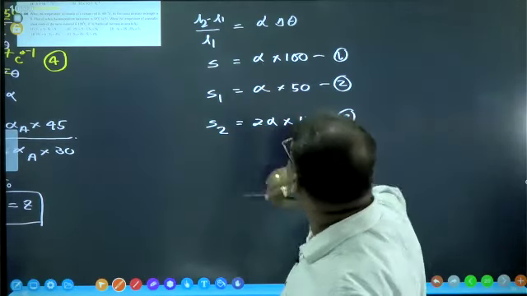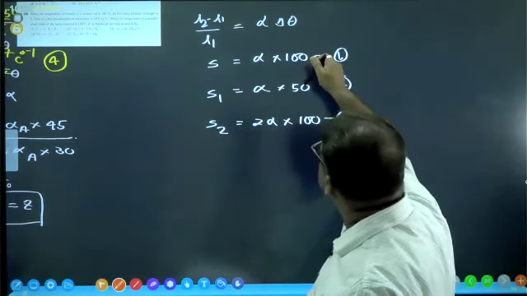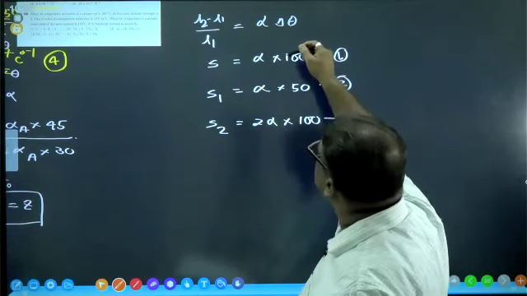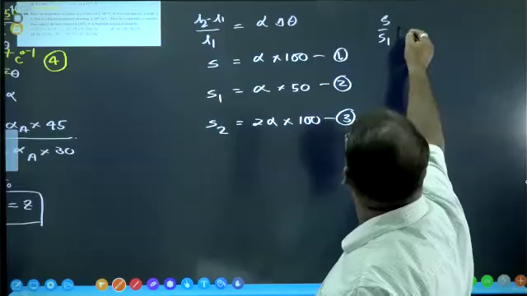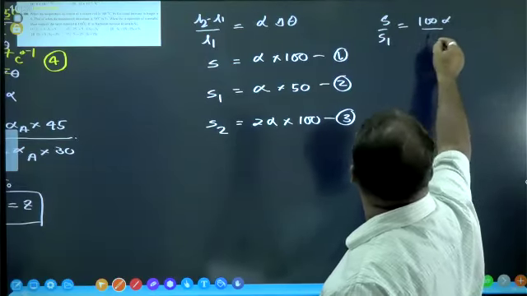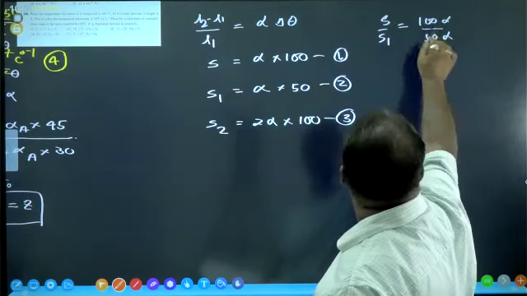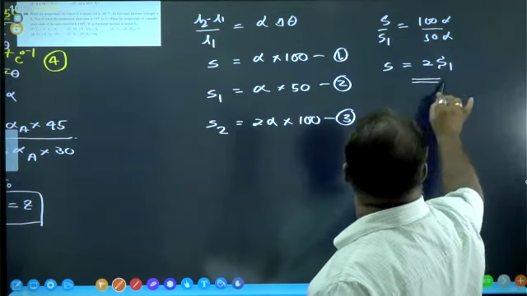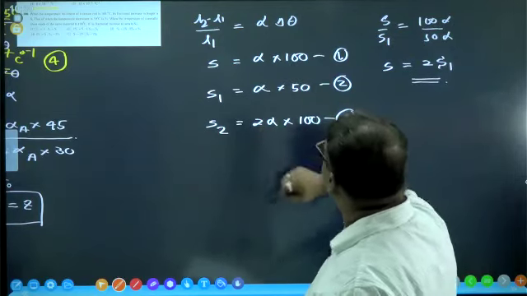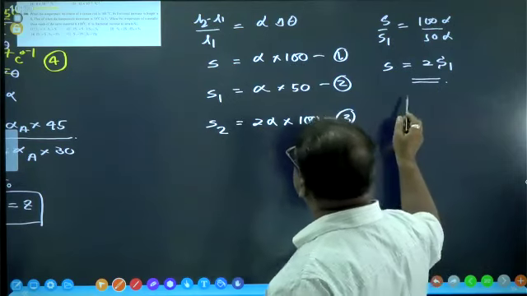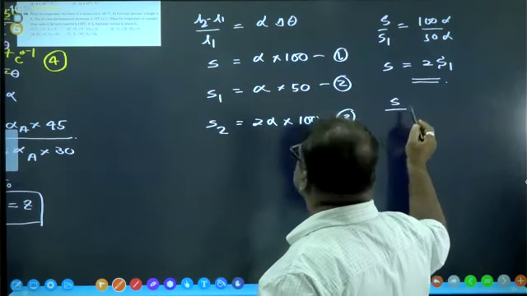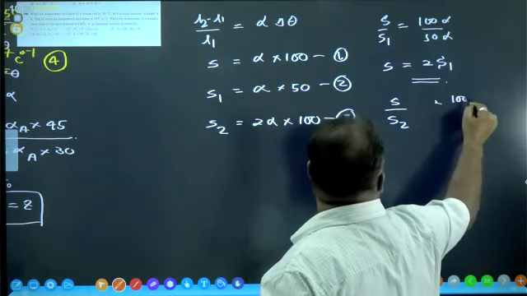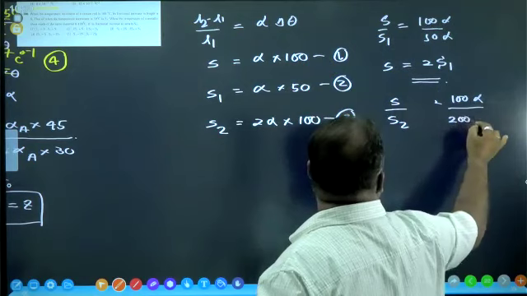Then considering the first and second, here this one is 50 alpha, here 100 alpha. S over S1 equals 100 alpha over 50 alpha. Here 1, here 2, so S equals 2 S1. Second, combining the first and third equations: S over S2 equals 100 alpha over 200 alpha.